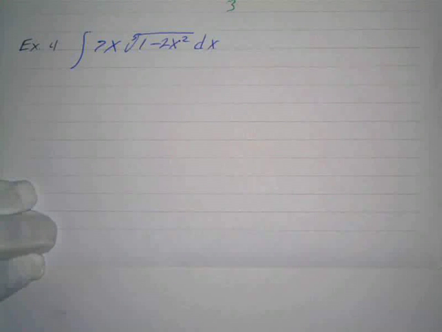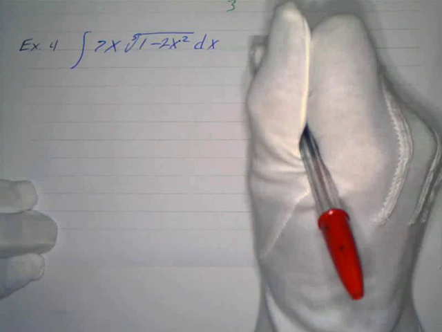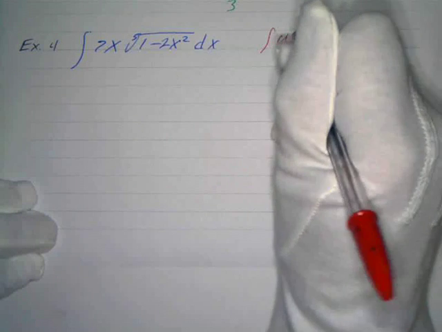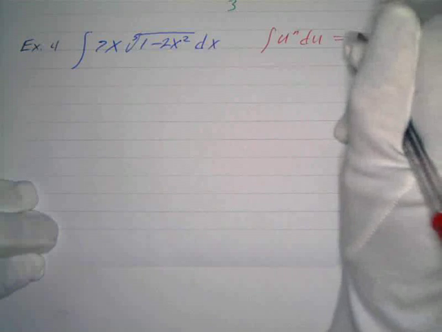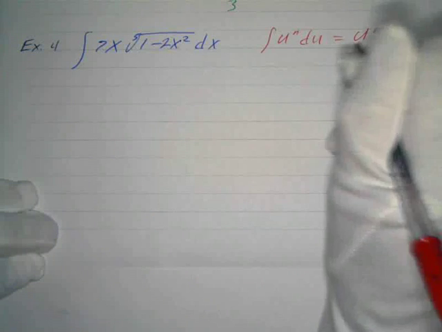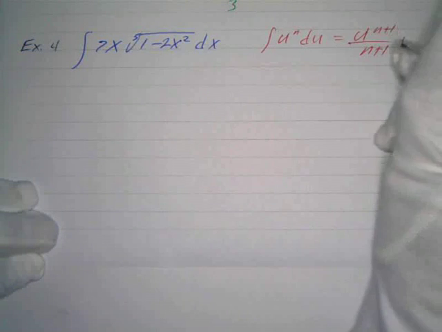And we want to use the u to the n du form. Again, remember the antiderivative of u to the n du equals u to the n plus 1 divided by n plus 1, plus c.